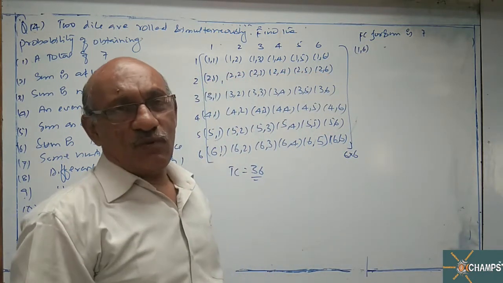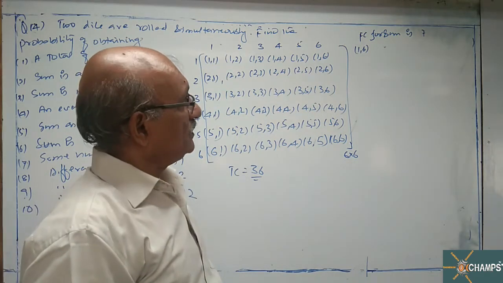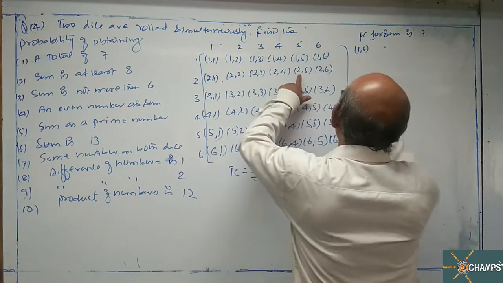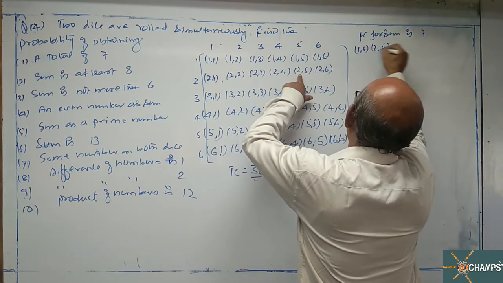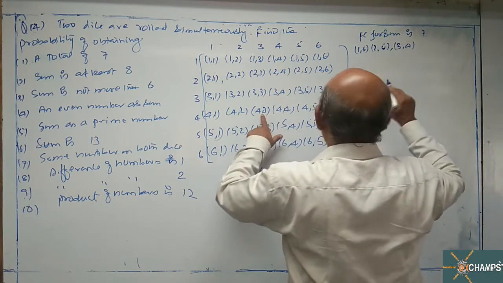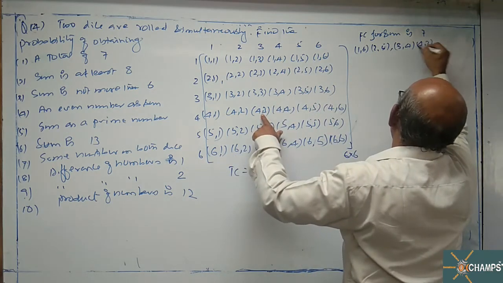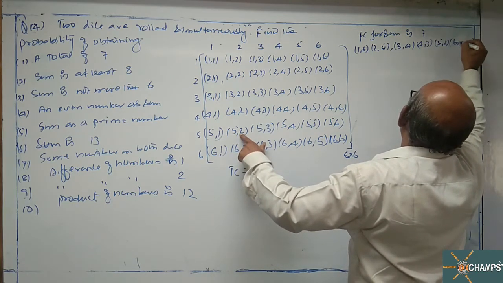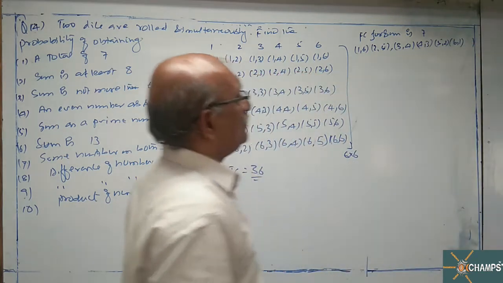One case which is supporting a sum of 7 is 1 comma 6 in the first row, 2 comma 5 in the second row, 3 comma 4 in the third row, 4 comma 3 in the fourth row, 5 comma 2 in the fifth row, 6 comma 1 in the sixth row.